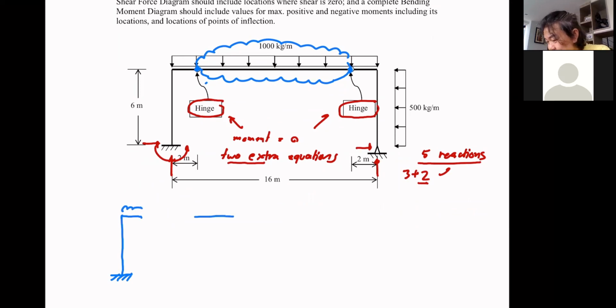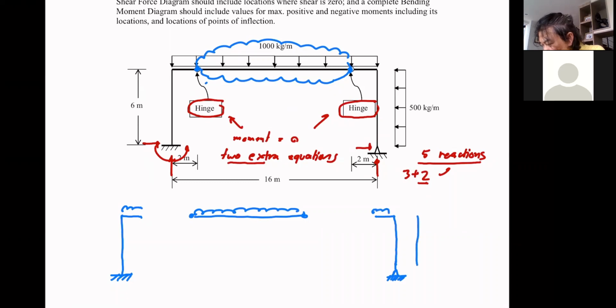And the second one, with a hinge here and a hinge there. And the third one, with this uniform load and again that.